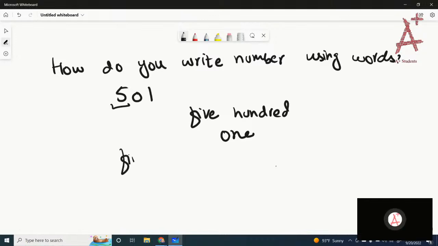So that means you can write the number using words as 501. So you are given two options. So which one is the correct one? The second one. Select the correct option and click on the OK button.